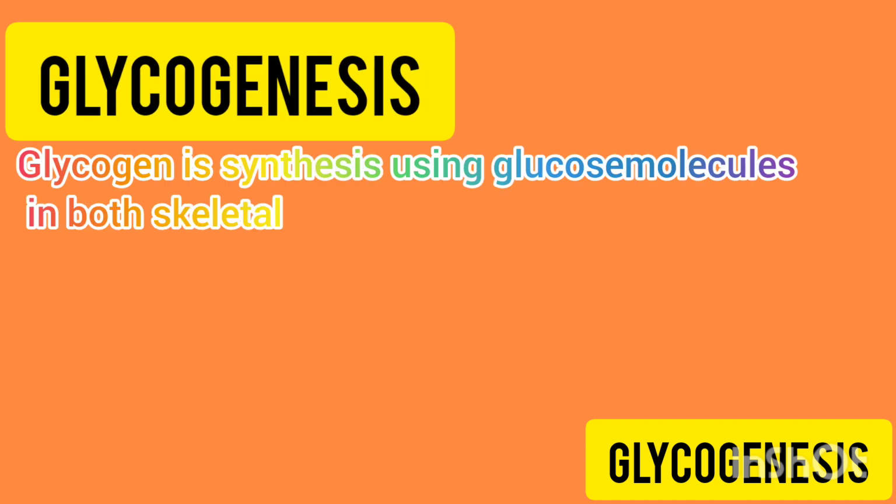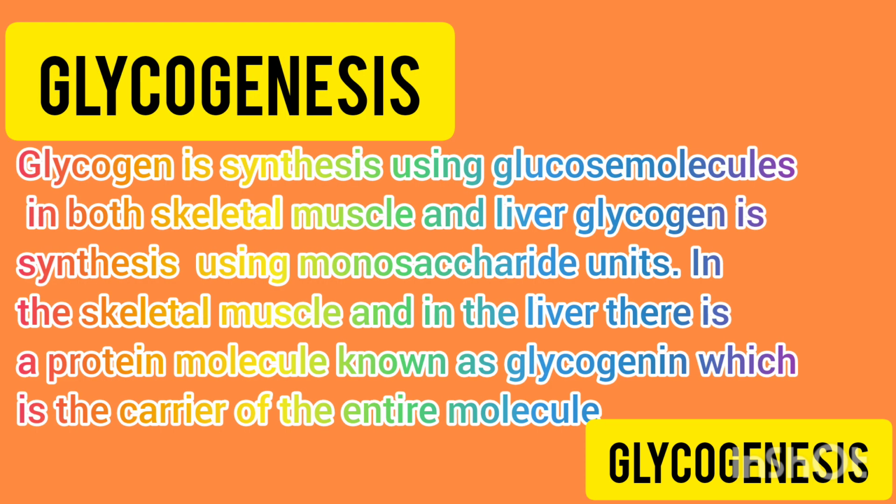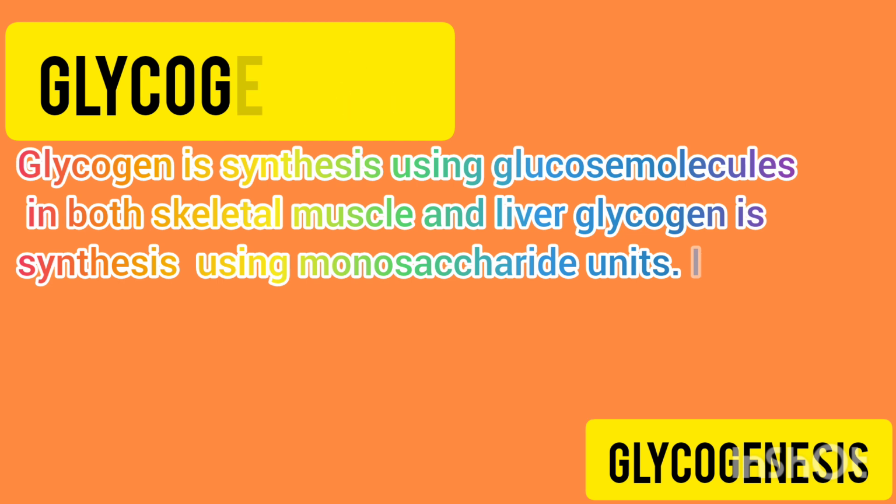So, glycogenesis. Glycogen is synthesized using glucose molecules, the monosaccharide units, in both skeletal muscle and liver. In the skeletal muscle and in the liver, there is a protein molecule known as glycogenin, which is the carrier of the entire molecule.